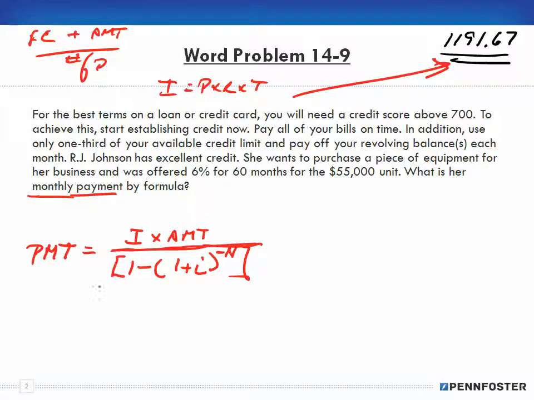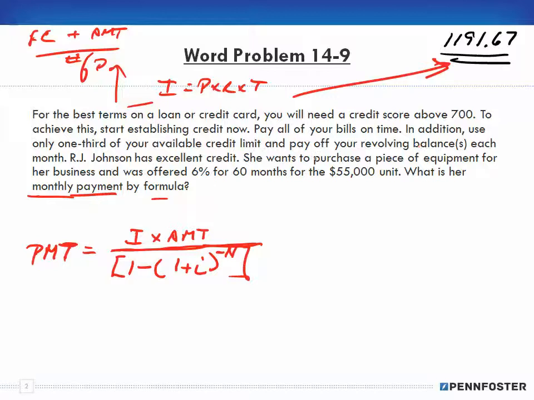Now, the reason I'm bringing this up is that if it says by formula and you're using these simplified formulas, are they accurate? Well, here is the actual payment formula. So if we work through this, we're looking at the interest per period. If it's 6% and we divide it by 12, that gives us 0.5%.